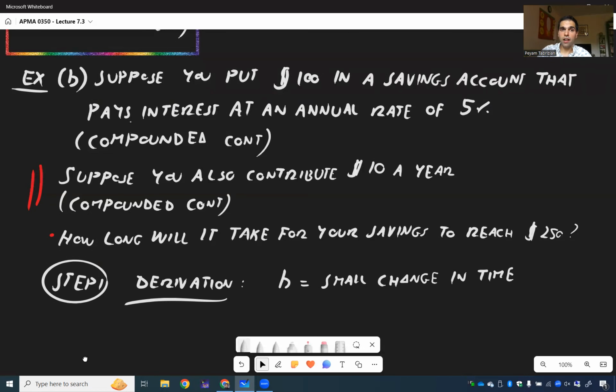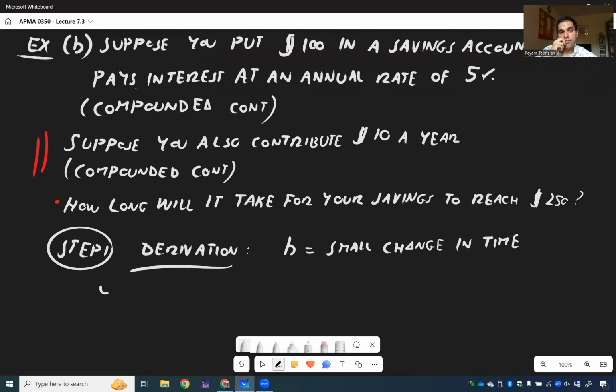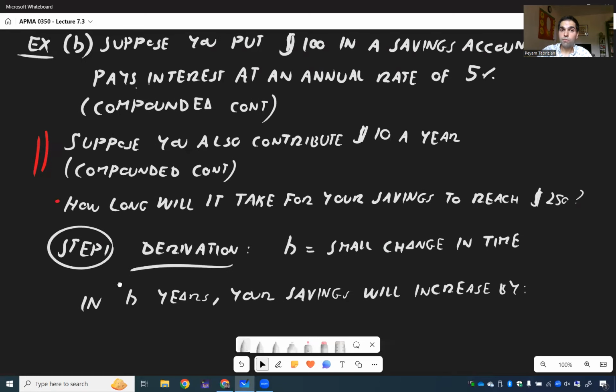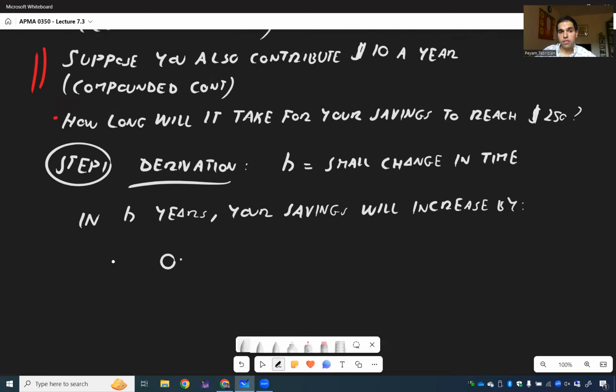In this case, same as before, in h time, h years, your savings will change or increase by the stuff we had before, 0.05 h s of t. That was from before.